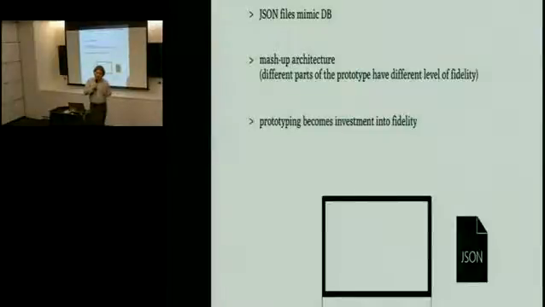Thanks to mashup architecture, we can have at some part of the application clickable images. At the other part, it will be stuff that communicates with JSON files lying next to the AngularJS folder, and the third part of the application can communicate with web services dealing with real databases.